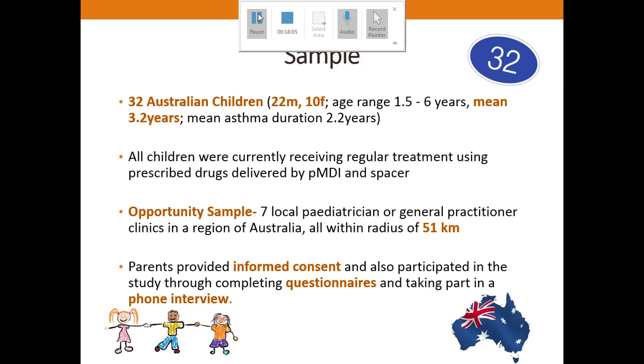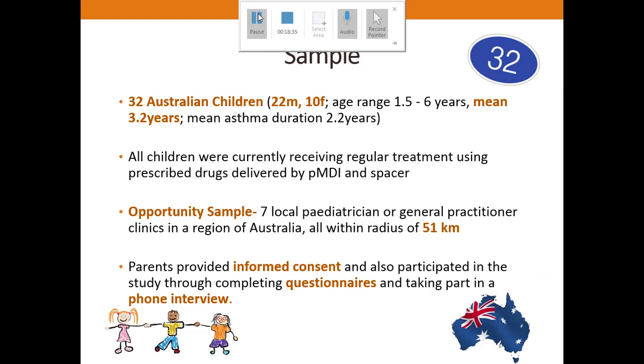Now, all of these children were currently receiving regular treatment using the prescribed drugs delivered by the pressurised inhaler and the usual spacer, the Breathatek spacer. It was an opportunity sample, from 7 local paediatricians. These are like general practitioner clinics, and most of them focused on children. A paediatrician is a child doctor.